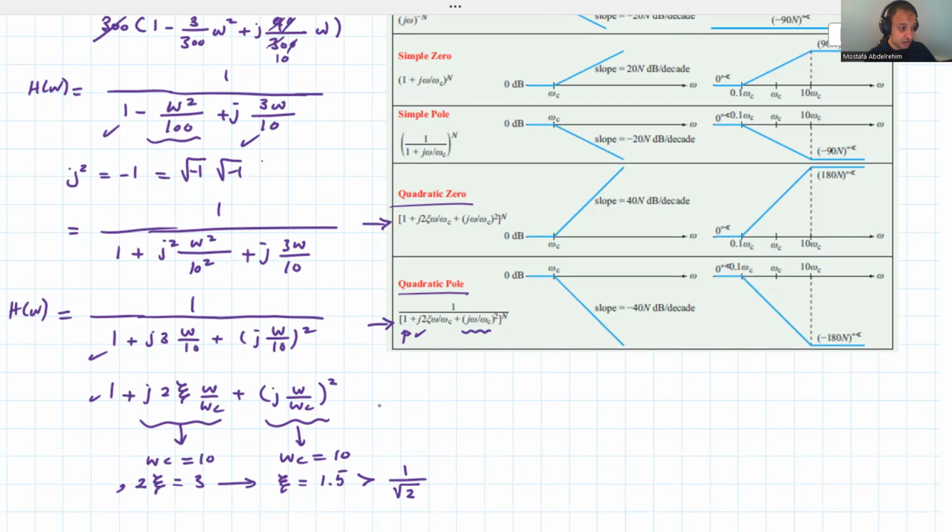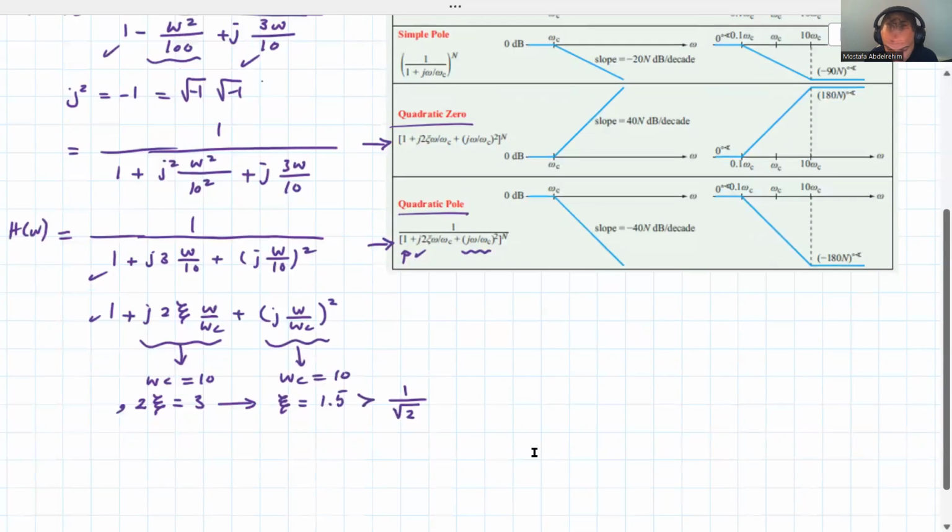If it's less, that will result in resonant peaks. If it's higher, that will be just a smoothing of the curve. In our course, the book doesn't care about that. The book says yes, there will be some smoothing or peaks, but we just draw the crude Bode plot, without these peaks or smoothing.